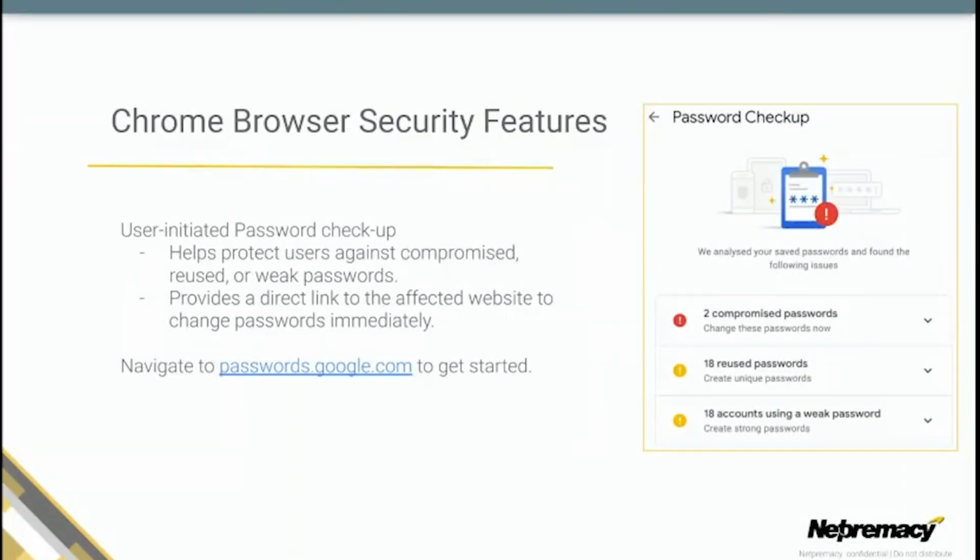And I also wanted to highlight in Chrome the Password Checkup tool that gives users an opportunity to check the security posture of all of their saved Chrome passwords. So if you navigate to passwords.google.com, a user can check of their own volition the passwords that they've got stored in Chrome, and Chrome will tell them if a password has been compromised in a known data breach, as well as highlight any passwords that have been reused across multiple sites or any passwords that are weak.